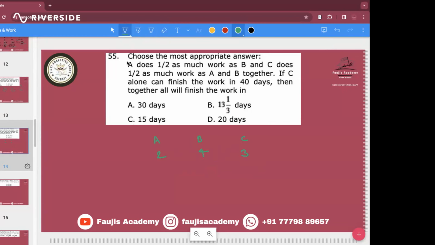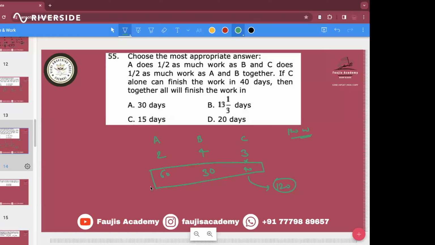Right. So if C alone can finish off the work in 40 days, in 40 days how much work is there? 40 days means 120 work is there. So how much will B take to reach 120? 30 and 60. This is their timing to complete the work.